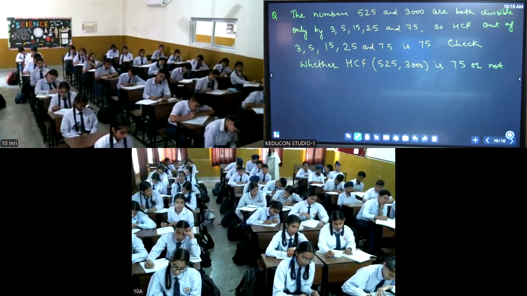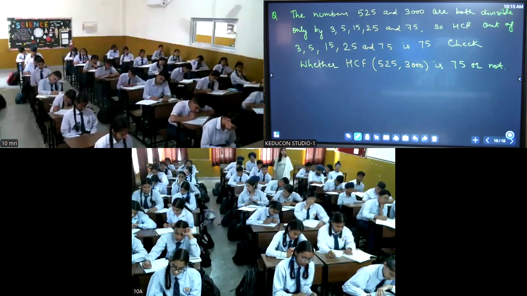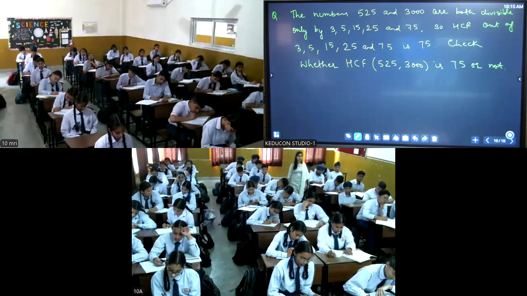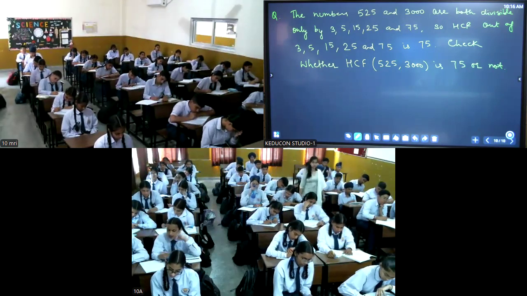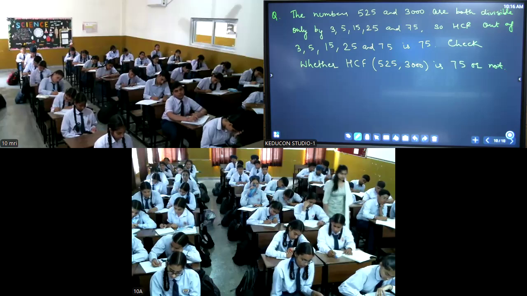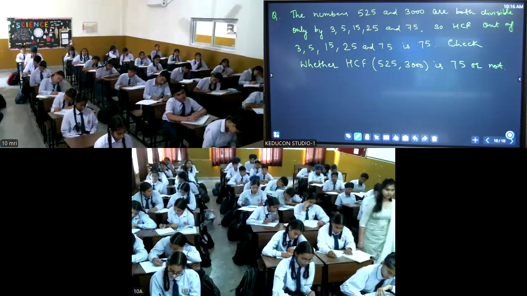So HCF out of 3, 5, 15, 25 and 75 is 75. Check whether HCF of 525 and 3000 is 75 or not. Please do this question, beta.